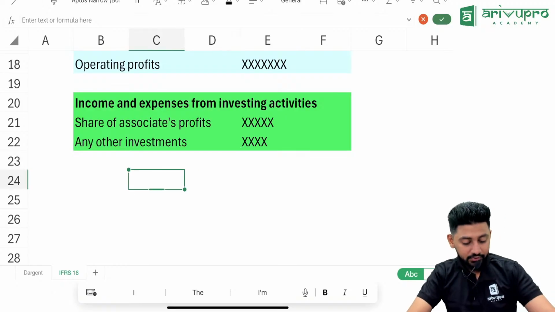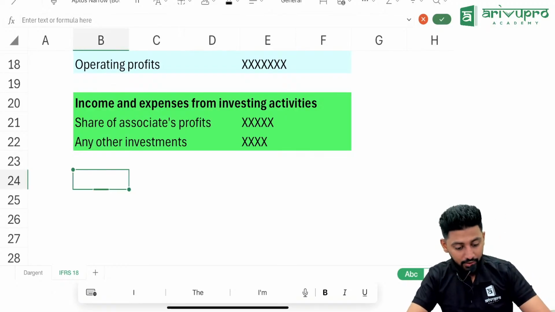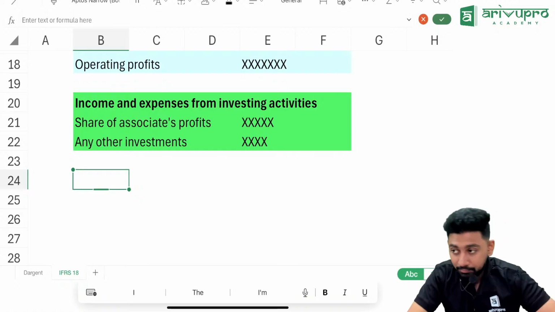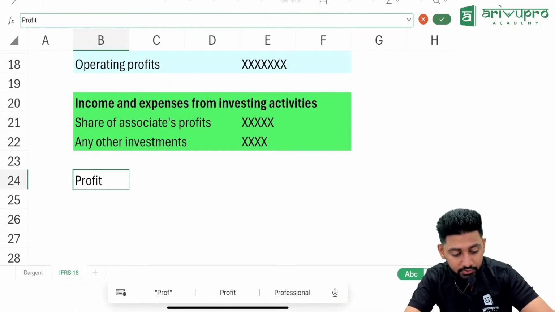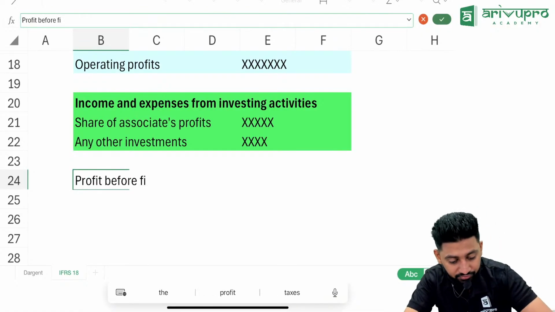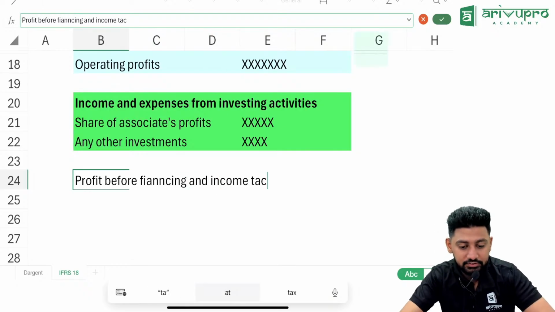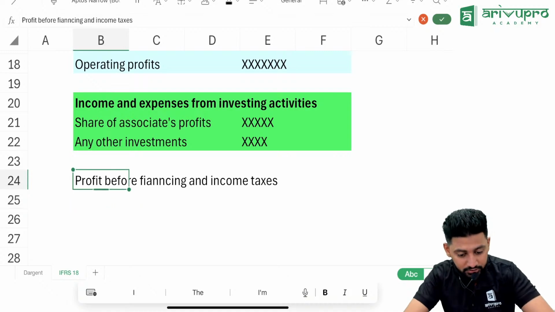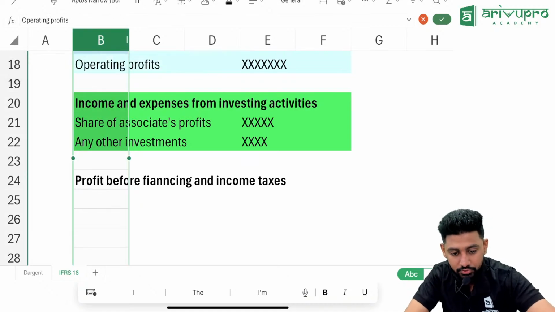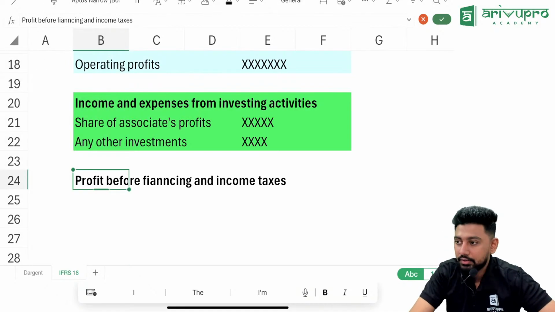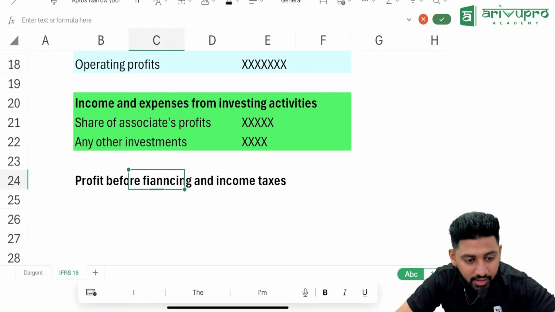Once I'm done with that, now I have my mandatory heading, profit before financing and income taxes. This is my mandatory heading.